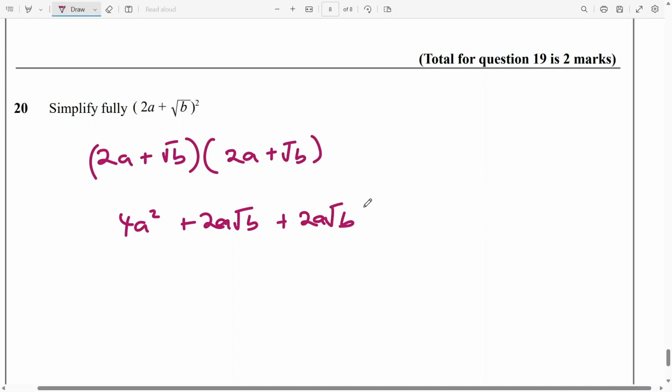And root b times root b is just b. So this is going to be 4a squared plus b, and 2a root b plus 2a root b is going to be 4a root b. Can we simplify this? I don't think so. Yeah, so this is just it.